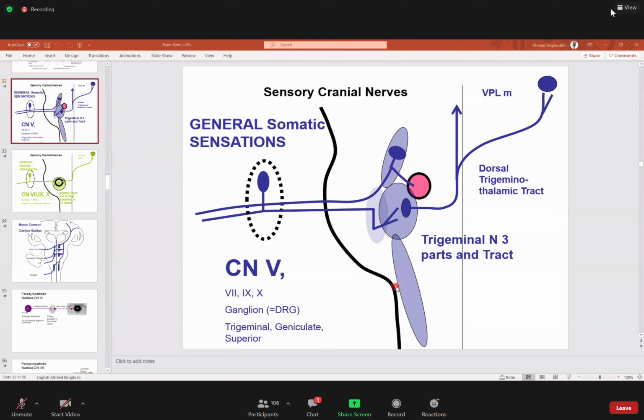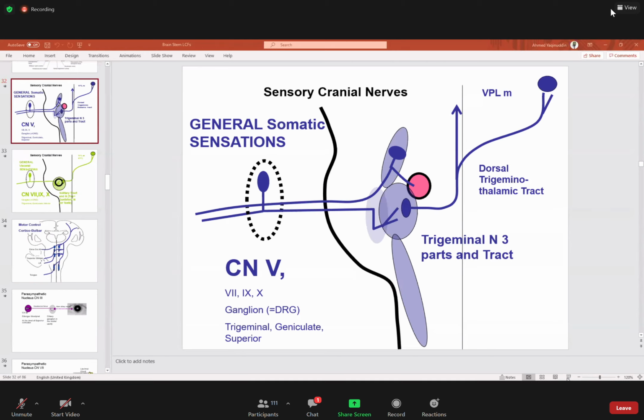In the later half, we are going to discuss a few lesions of the brainstem, but the concentration of the majority of this session would be on cranial nerve nuclei and cranial nerves, the area of supply, the nuclei of the different cranial nerves, and what happens when cranial nerve damage happens.